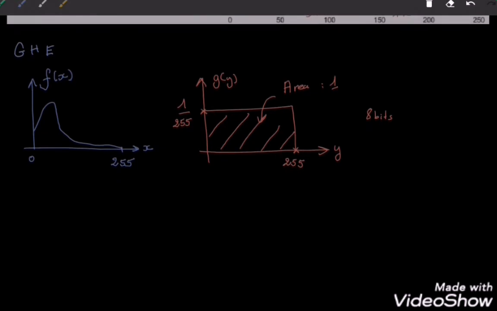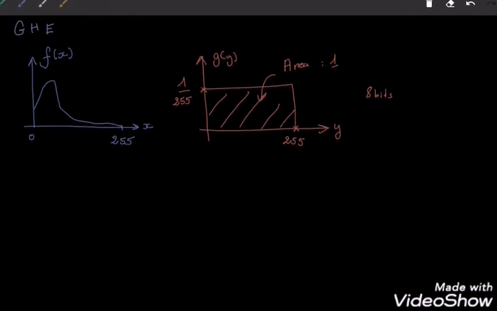Now, what we want to do is to find a relation between f of x and g of y. We want to find a mathematical relation, and once we do that, we will find a relation between y and x.